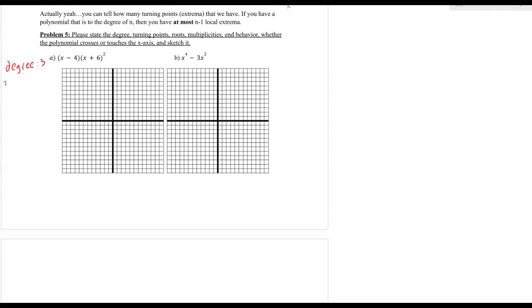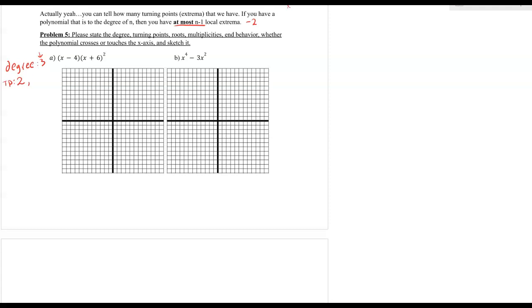My turning points, no, TP does not mean toilet paper in this class. Turning points, so if my degree is n, which is 3, my turning points is at most n minus 1. So it could be 2 turning points, and after the n minus 1, it would just be minus 2 every single time until we get down to 0 or negative numbers.